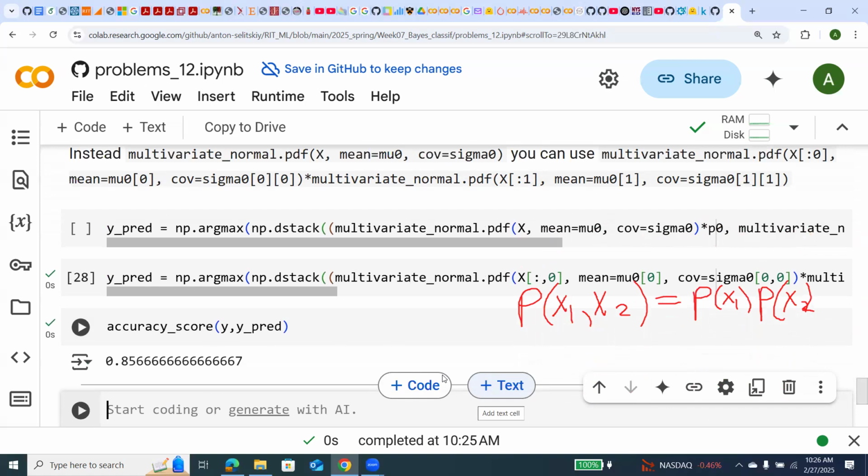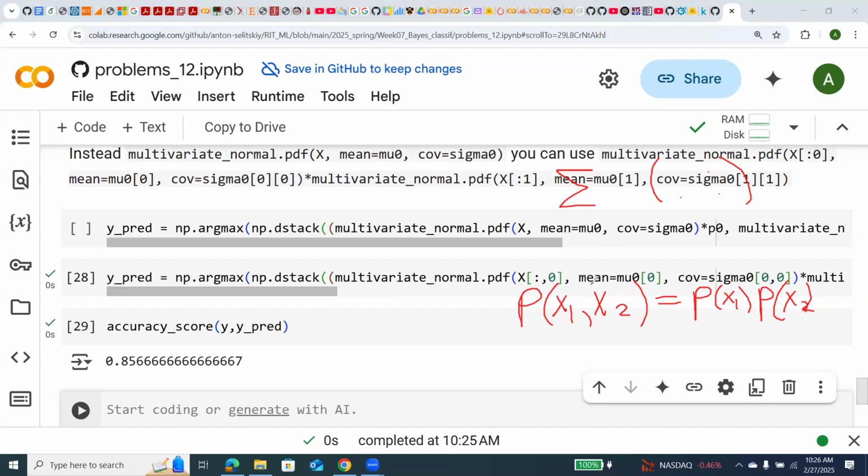So let's think about why the simplification of the model resulted in a better score. In our first approach, we calculated the joint distribution, we calculated the covariance matrix.